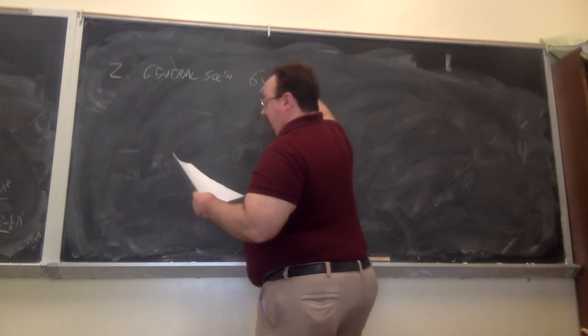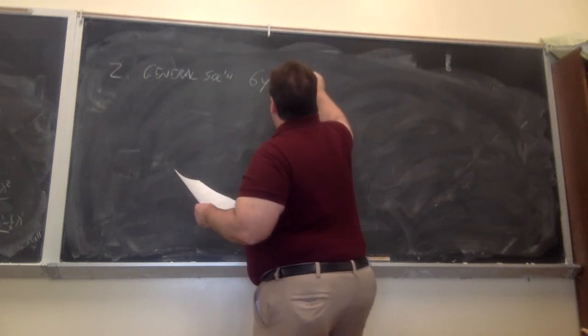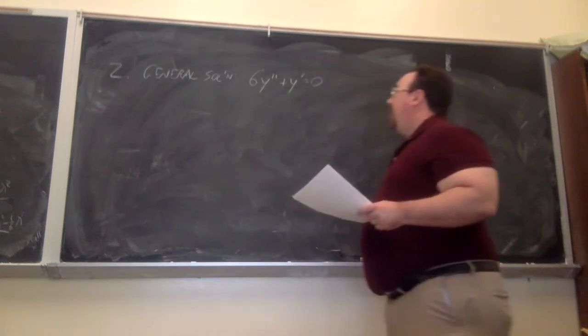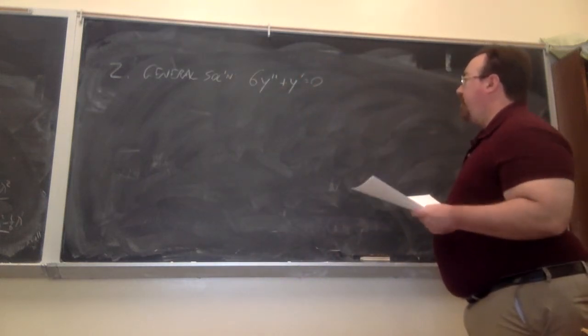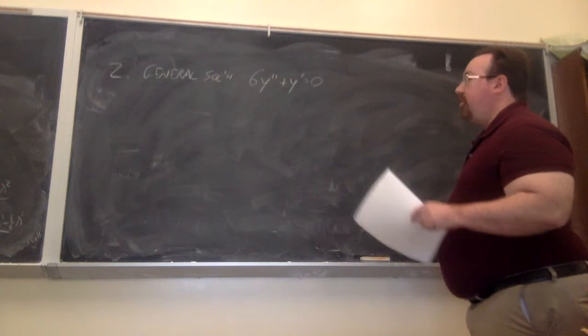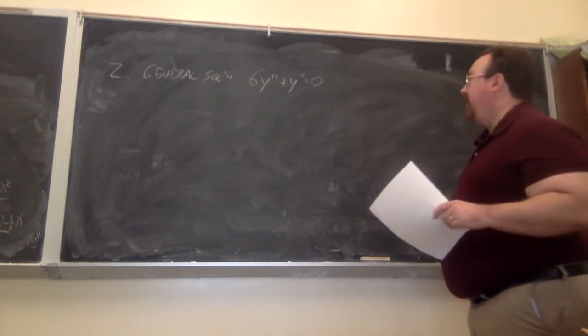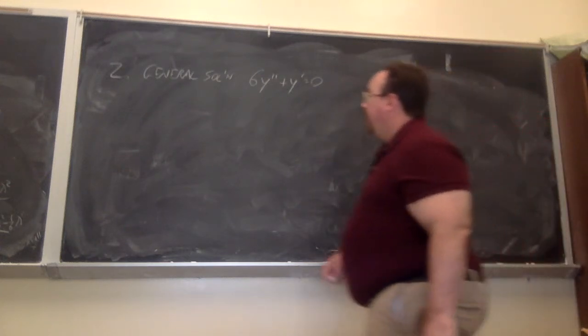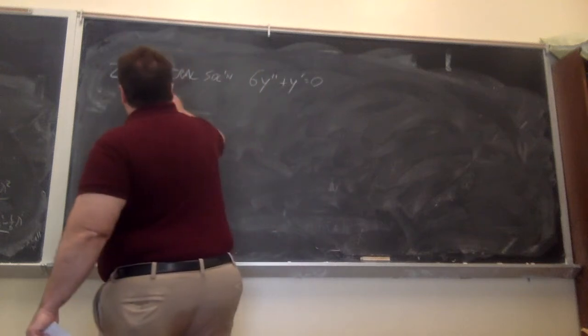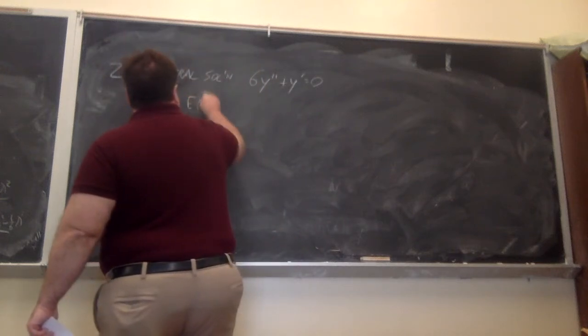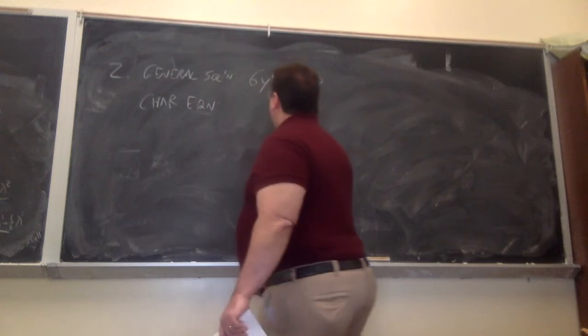6y double prime plus y prime is equal to 0. So an equation like this, where you have 0 on the right-hand side, is a homogeneous equation. First thing you do, you get the characteristic equation.